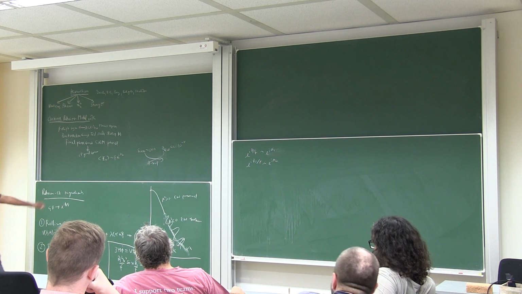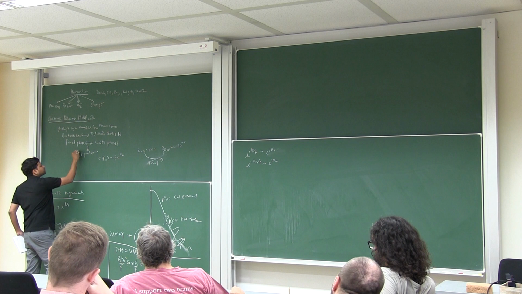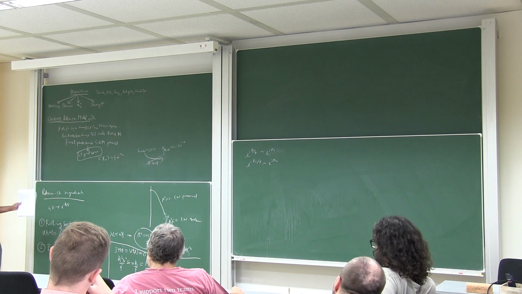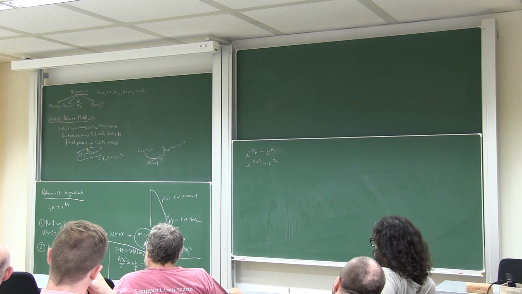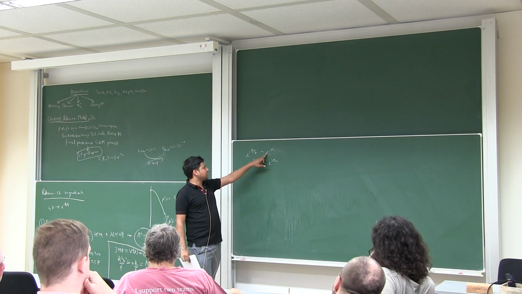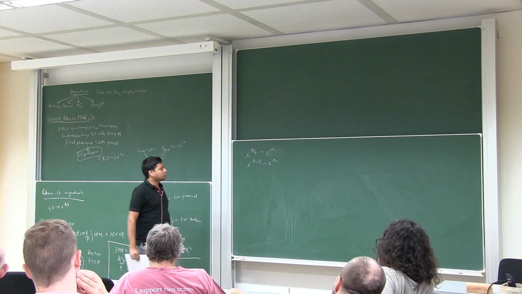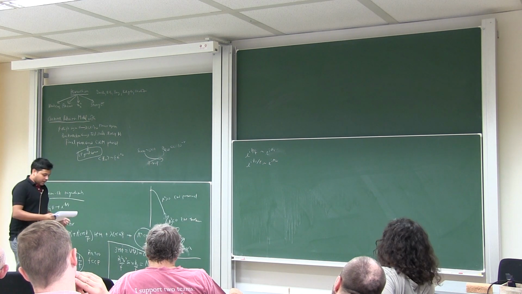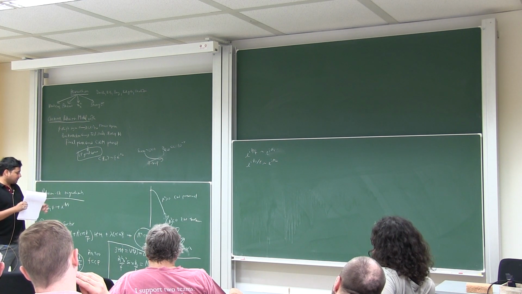Because we want CP to be a good symmetry, if you see a Yukawa coupling in my Lagrangian, everything is real and CP conserving, and the only CP breaking things will come from powers of these two kinds of phases. That's the first thing.